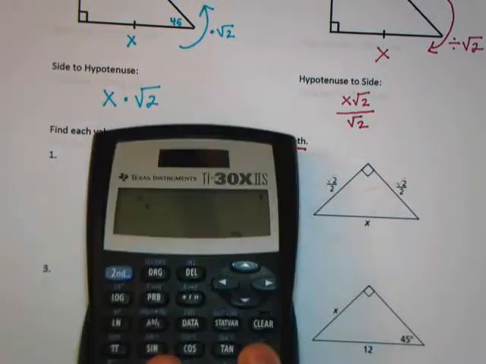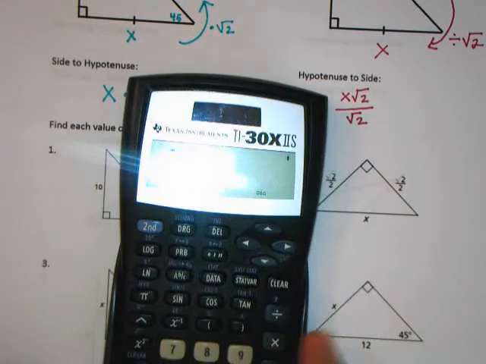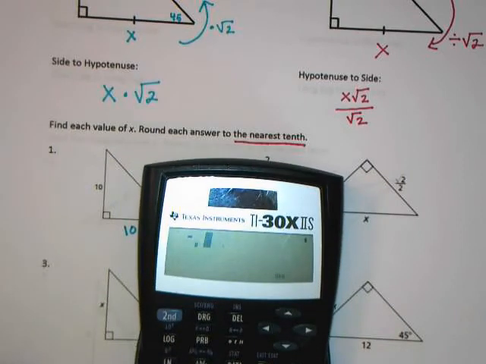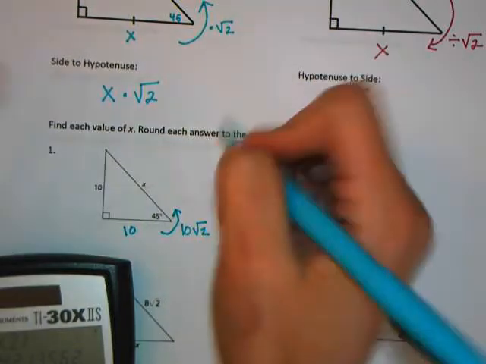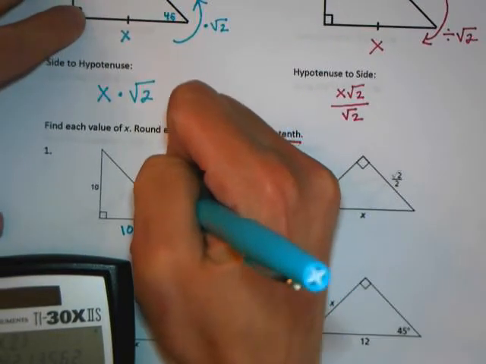Okay, when you put this in your calculator, I have this type of calculator at home. So I'm going to put in 10 second square root 2, okay? And I get 14.1421, blah, blah, blah. We have to round to the nearest tenth, so our answer is going to be 14.1, okay?